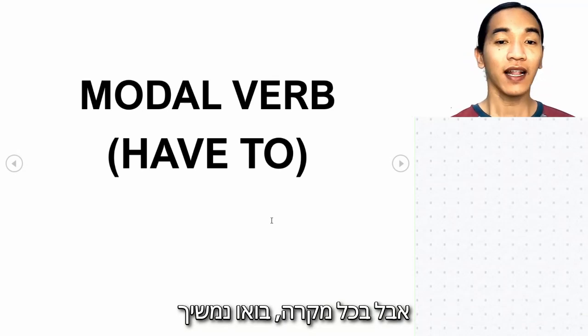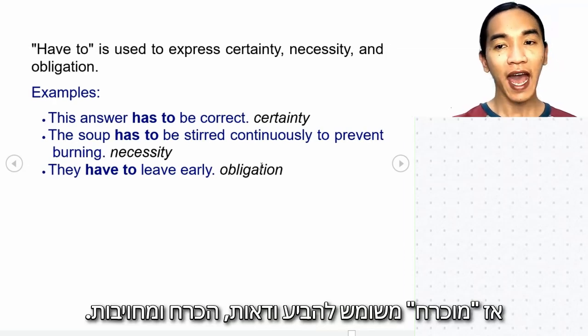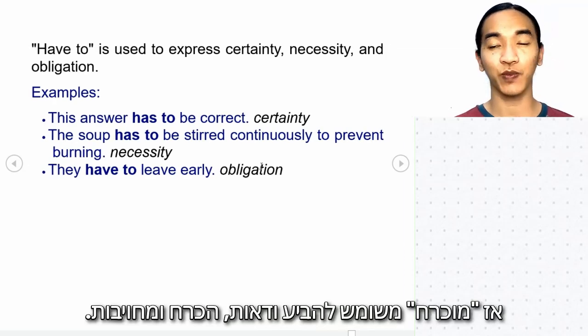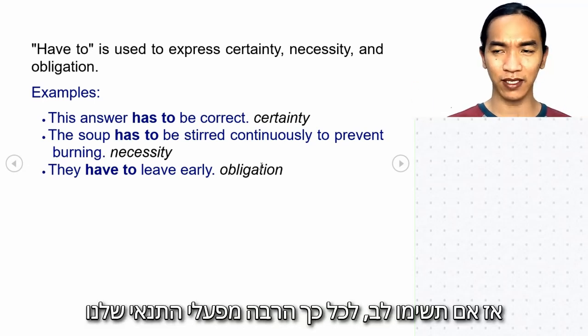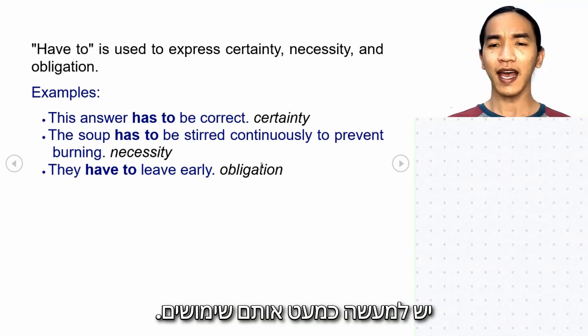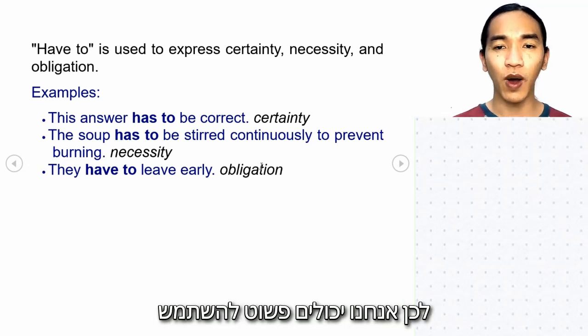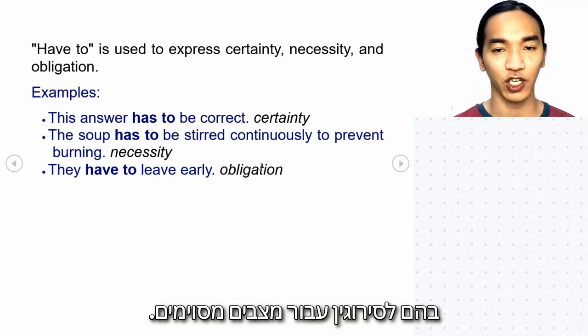But anyways, let's go ahead and discuss more of this one. So have to is used to express certainty, necessity, and obligation. So it's just simple as that. If you notice, so many of our modal verbs actually have almost the same usages. That's why we can just use them interchangeably for certain situations.